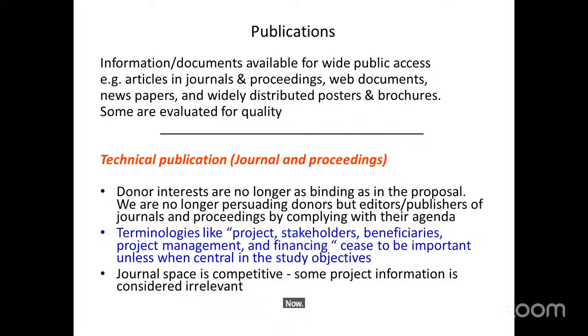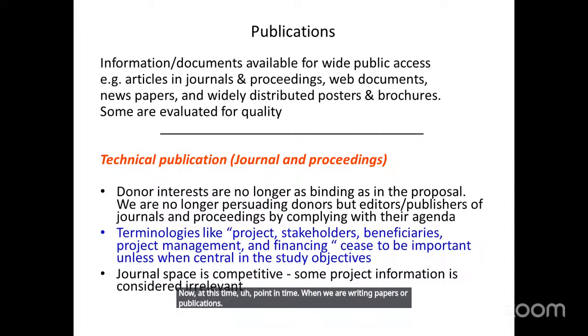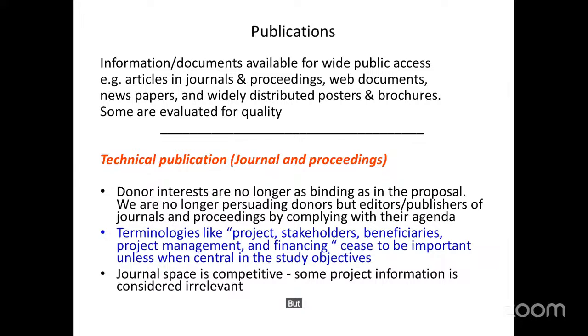Now, at this point in time, when we are writing papers or publications, the donor interests are no longer an issue. You remember when you wrote a proposal, you were considering the donor and the government. But at this stage, you don't have to apologize to the donor. Some donors may not want you to write about something contradictory to what they think was an innovation in their programs.